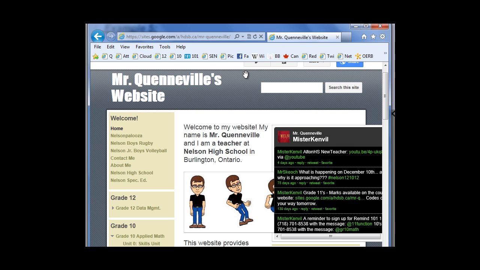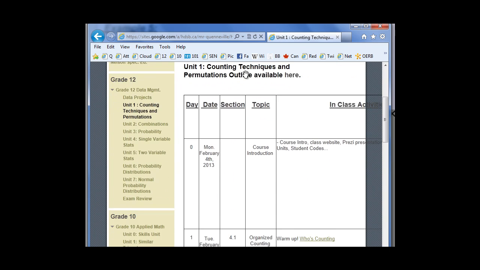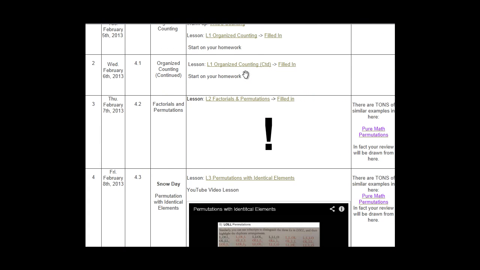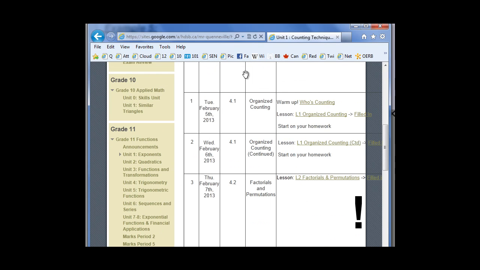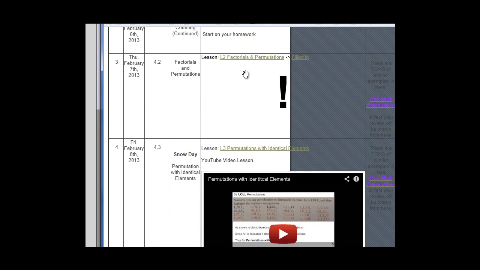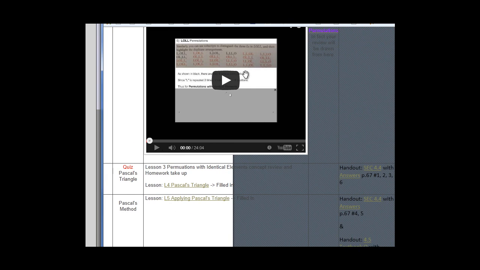So when you visit my website, which you should be familiar with now, come into grade 12 data management. We're in unit 1. And here you can see Monday, February 11th.